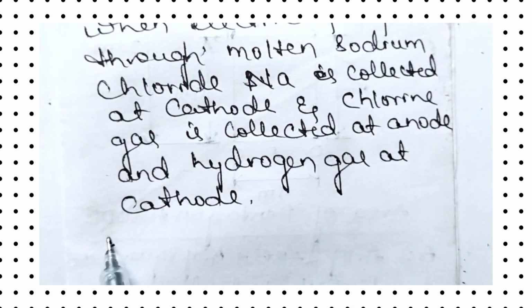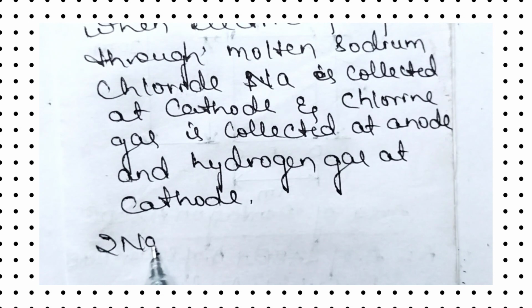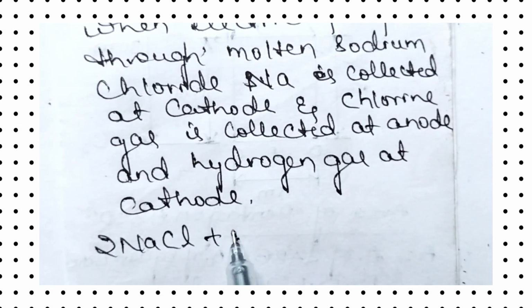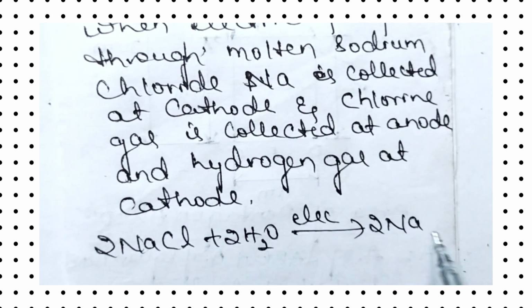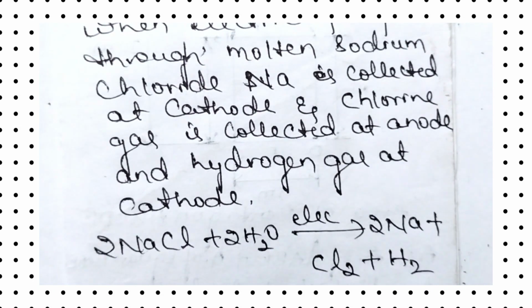So now let us write the equation. 2NaCl plus 2H2O, when electricity is passed through it, forms 2Na at cathode plus Cl2 at anode plus H2 at cathode.